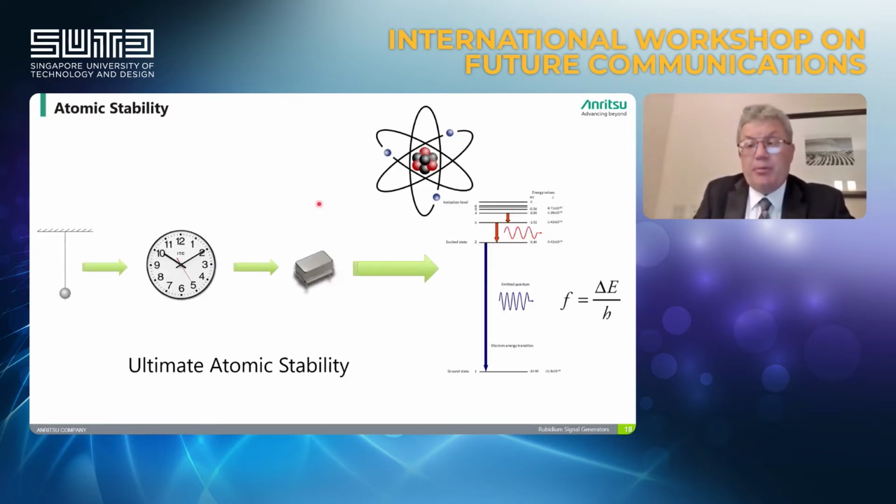In our case, we make one more step further, a very radical step. Instead of relying on crystal oscillators, we utilize an atomic rubidium source, and the frequency generated by an atomic source does not depend on dimensions anymore, but rather depends on physical constants, specifically on the energy level between different atom states and Planck's constant.